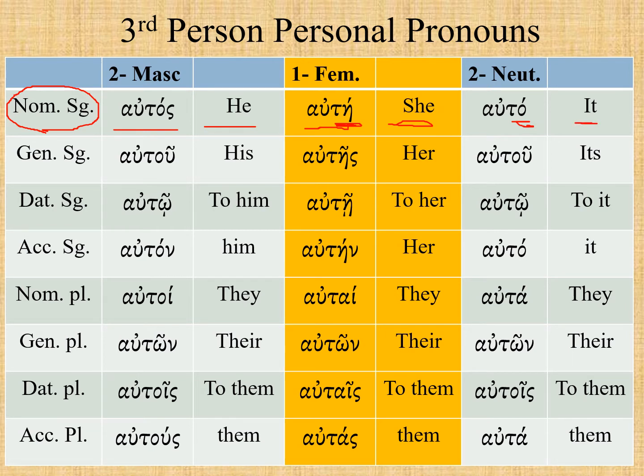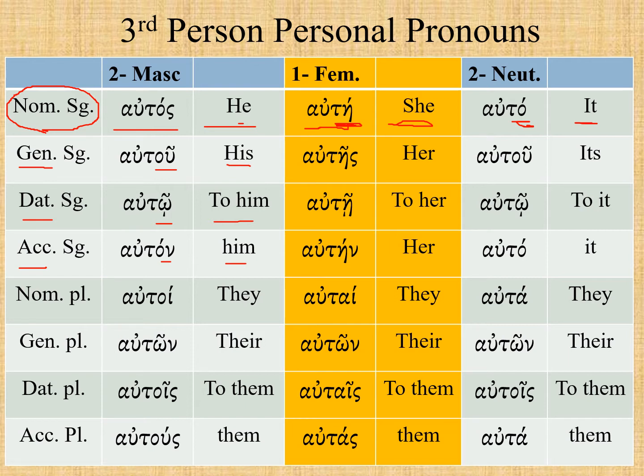Now for each of these third person singular personal pronouns, we need to form also genitive, dative, and accusative case forms. So he becomes his, autou, dative auto, to him, for him, or in him, and accusative is auton, which is him.